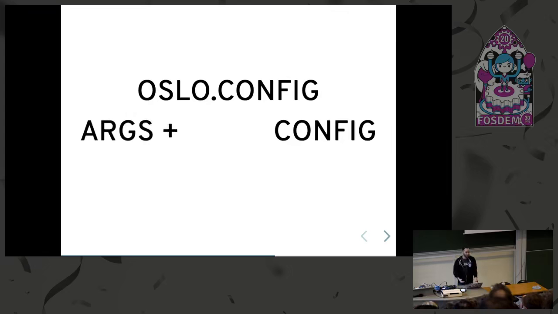So Oslo config supports configuration files, but also arguments, environment variables, all in one, and a bit more, which are the source drivers that I've been working on in the past 2 years. And these source drivers are what allow Oslo config to read configuration from different sources.